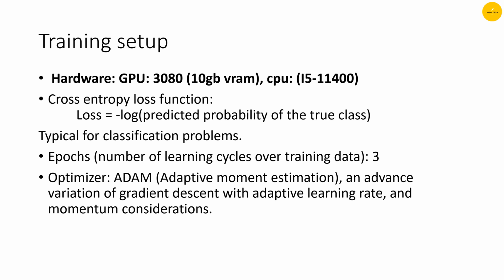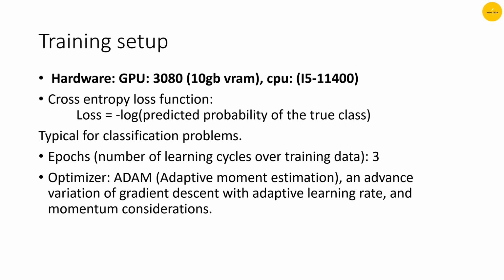An epoch represents one complete learning cycle over the entire training dataset. Finally, for our optimizer, we selected Adam, which stands for Adaptive Moment Estimation. Adam is a popular and advanced variation of the traditional stochastic gradient descent algorithm.